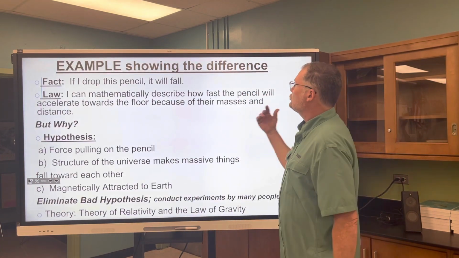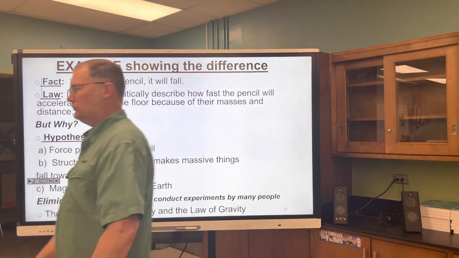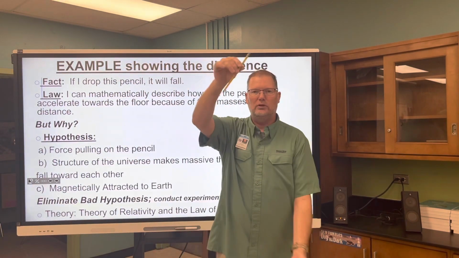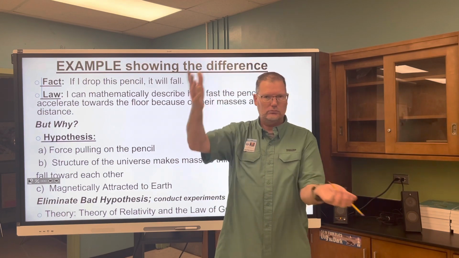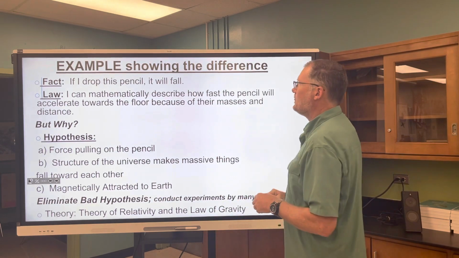So here's an example showing the difference. If I drop a pencil, it will fall. It's a fact. It's not going to go up. If that floated, that'd be really cool, right?